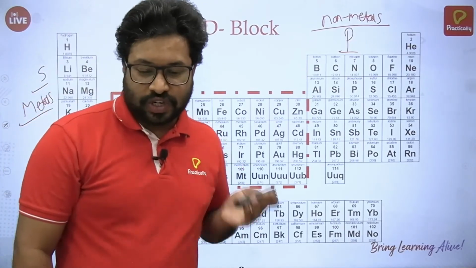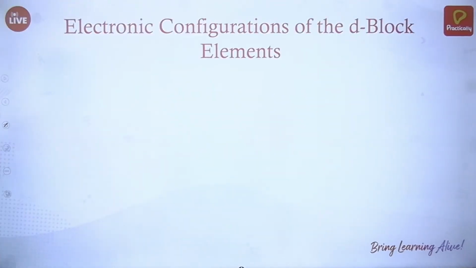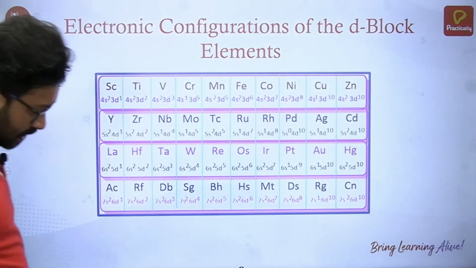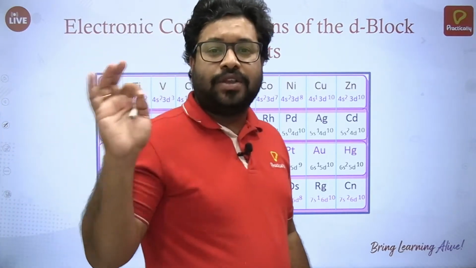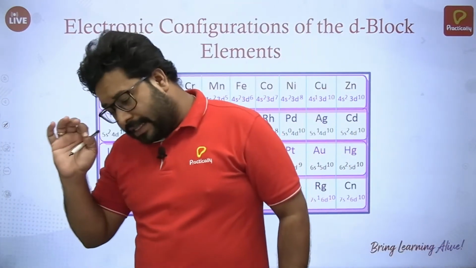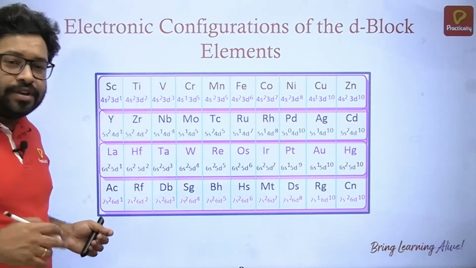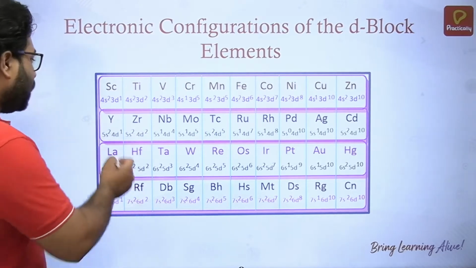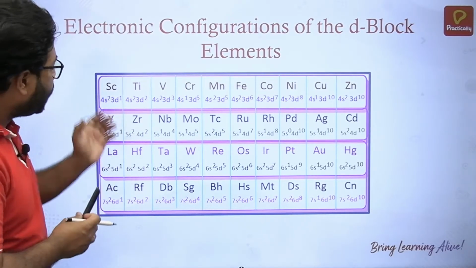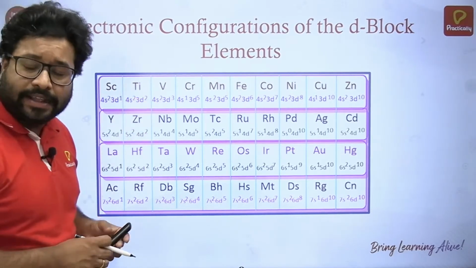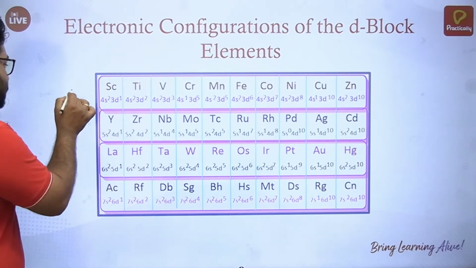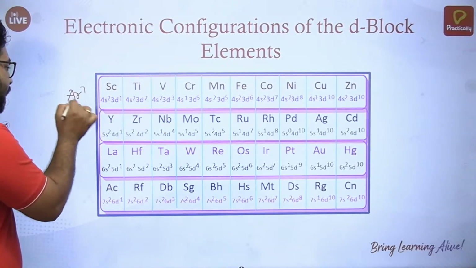Okay, moving ahead. Now, the electronic configuration of D block elements. You need to understand one point here. If you start from scandium, how do you write the electronic configuration? It is quite easy: 4s2 3d1, 4s2 3d2, 4s2 3d3, like that. We know that till here it's argon, 18.